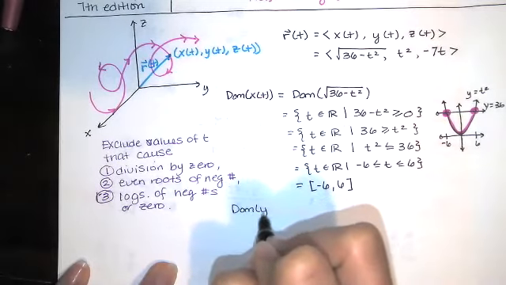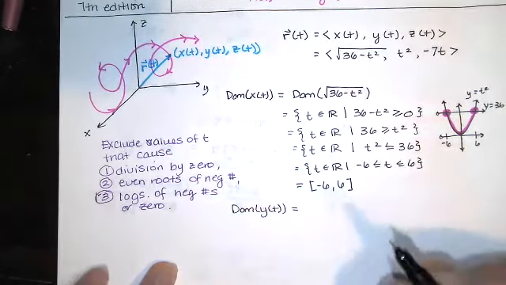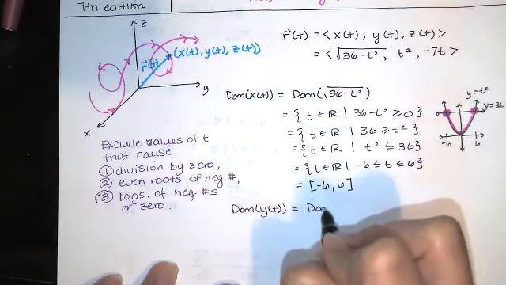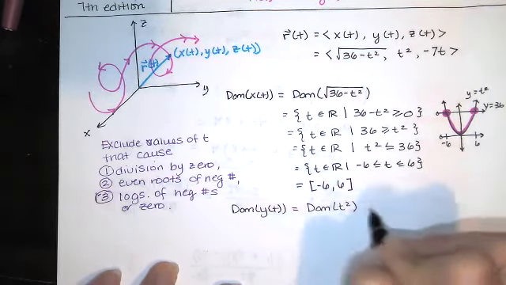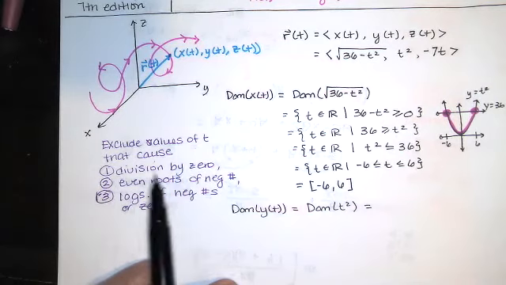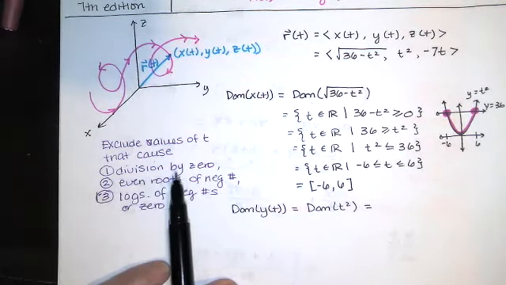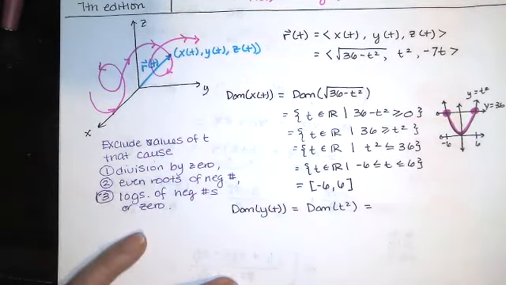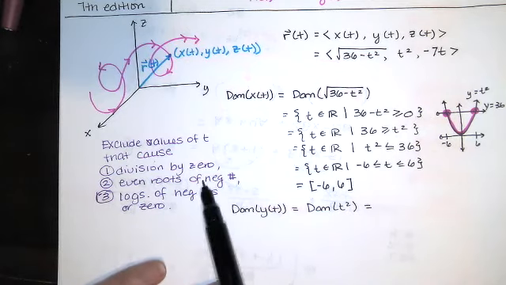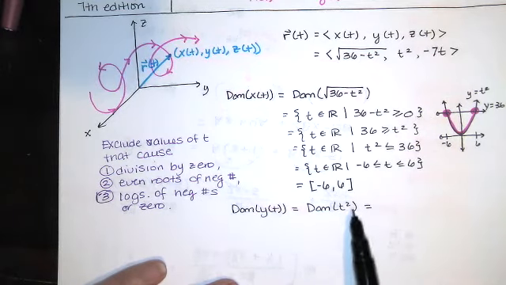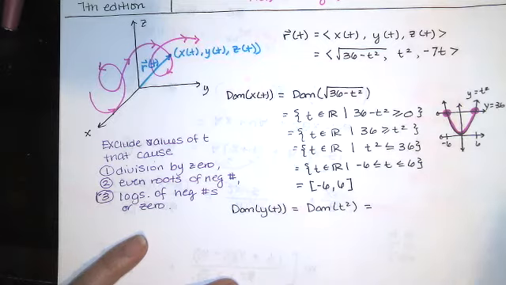When we're finding the domain of y of t, we're just finding the domain of t squared. We have to get rid of any t values that cause division by 0. There's no division, so we don't have to worry about it. Any t values that cause even roots of negative numbers, we don't have any even roots, so we're good. And logs of negative numbers are undefined.